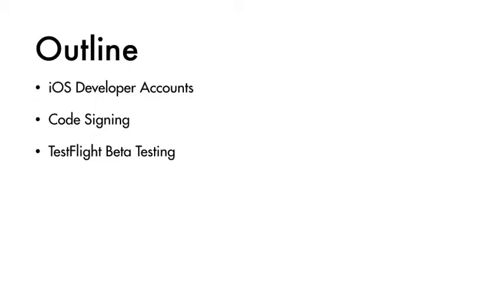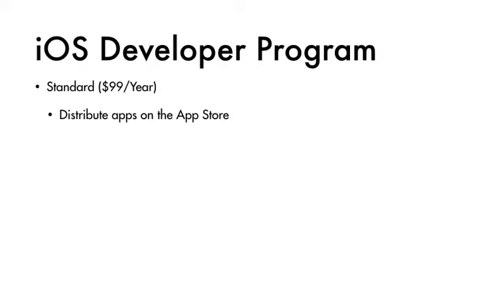The iOS developer program has basically three types of program. You need to pay Apple to join the program and have a developer account. First one is the standard program, which is $99 per year. With this account you can distribute apps to the App Store, and you can develop apps and run apps on your own devices. The second one is the enterprise account, which is $299 per year.